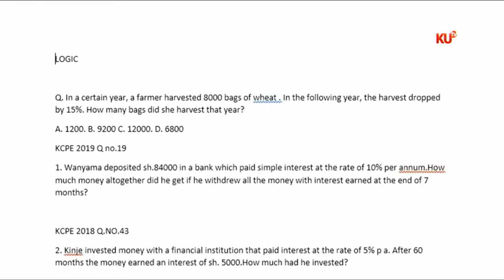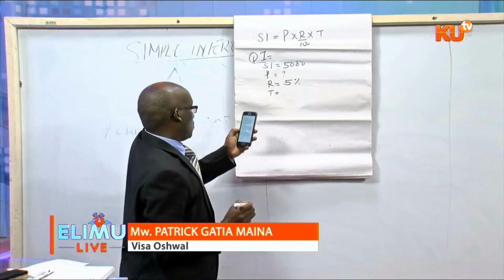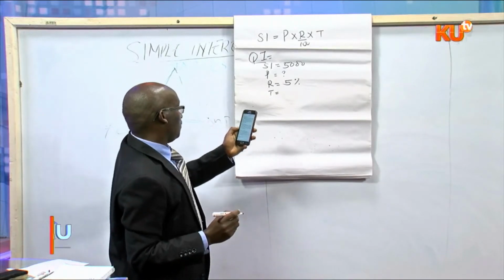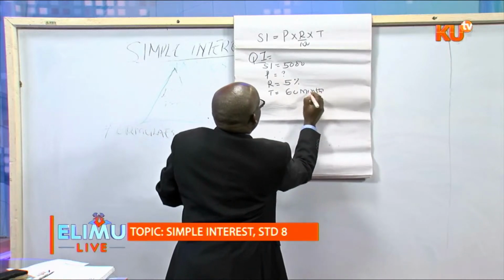Is the principal given? You look at the question and you realize that the principal is not given. Go to the third aspect, which is rate, and you realize that rate is given at 5%. The fourth element is the time, and the time is given as 60 months.